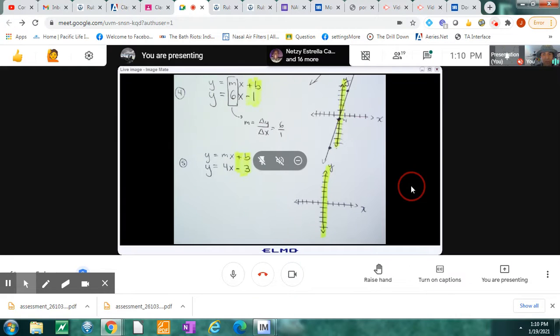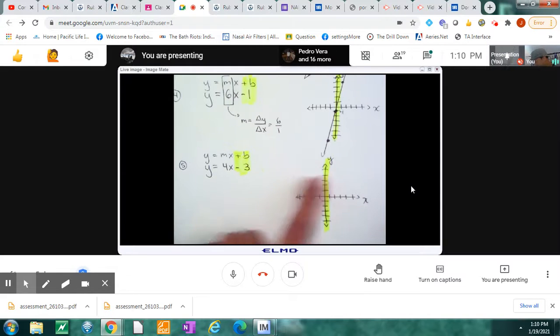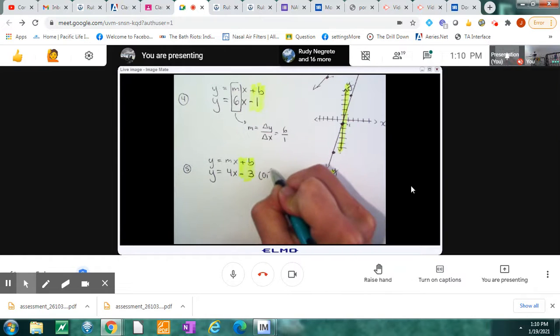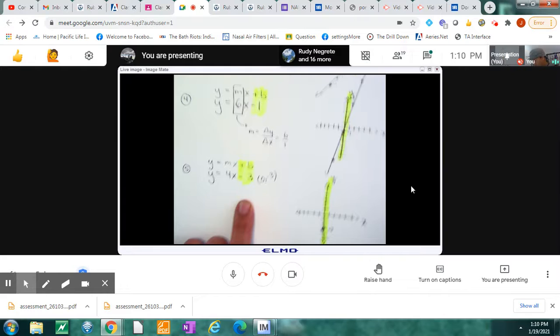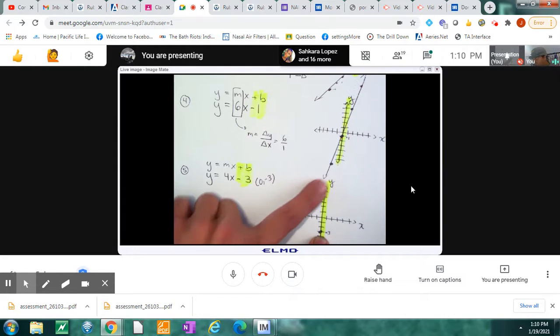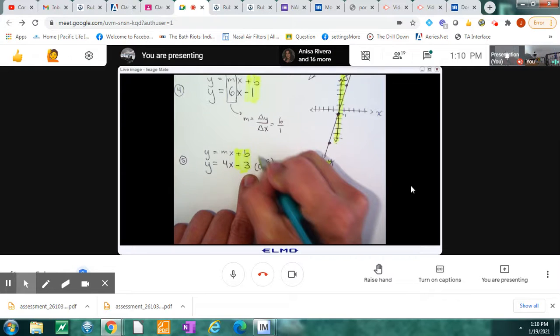So here we go, guys. So now again, your starting point is what? -3 on the y-axis. So where's -3? 1, 2, 3. Right here, this is your -3. So I'm going to put a dot, which is 0, comma, -3. Right? 0, because it's on the line. So 0, and then -3, because the y is -3, right? Remember, it's x, y.